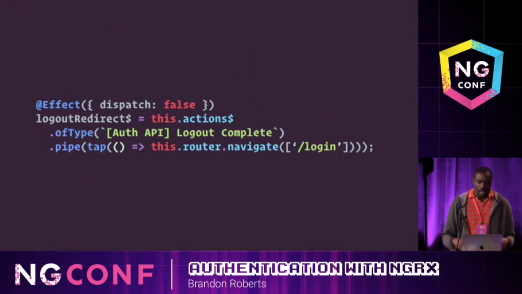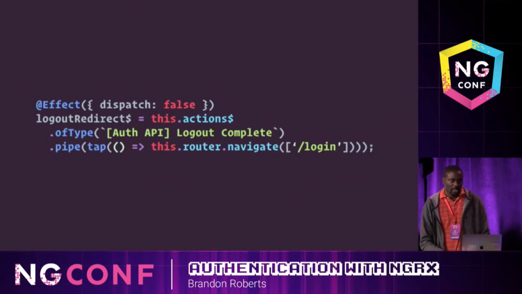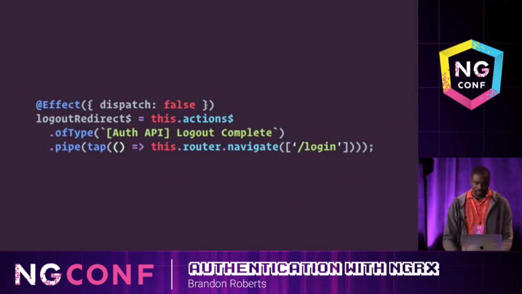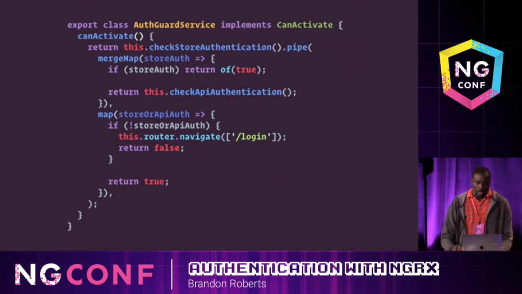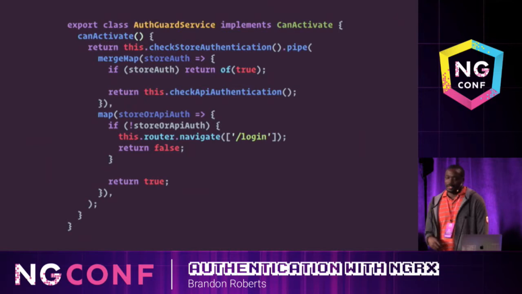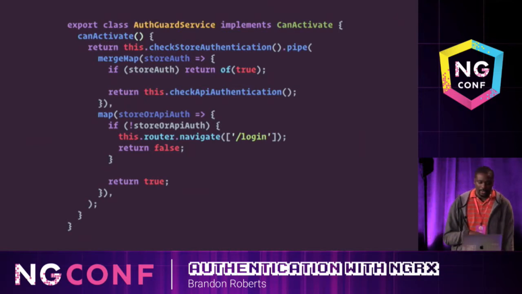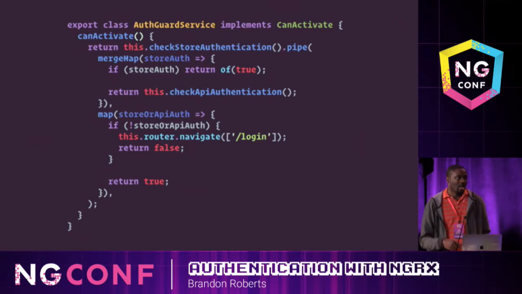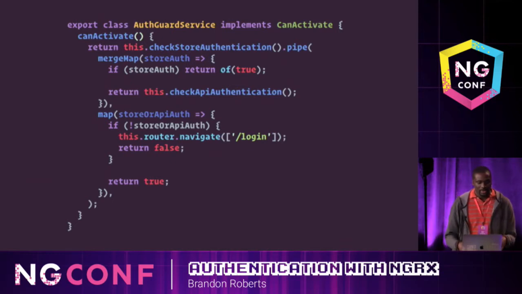The same would go for a logout action. If the user logs out, we prompt them and they accept that prompt, then we can redirect the user back to the login page and their user session will be cleared. Router guards are a way that you can prevent navigation between pages, but we don't want to hit the actual API every time a user navigates between pages.